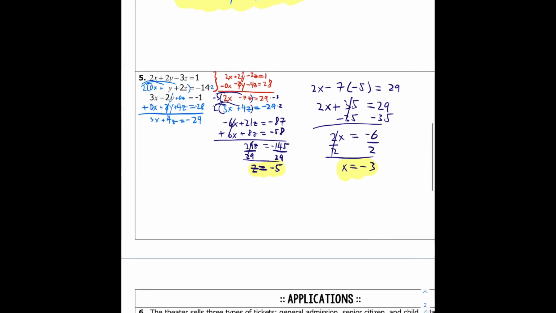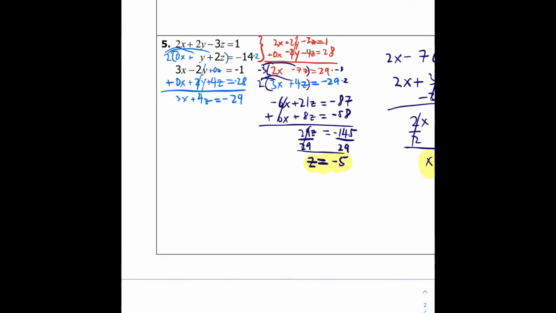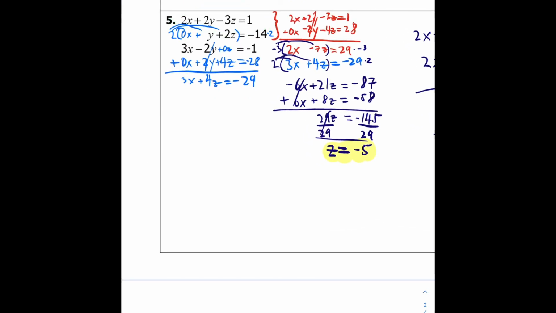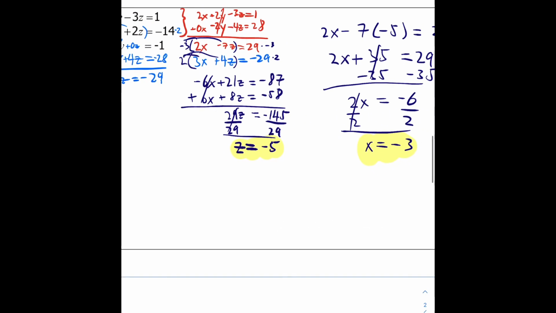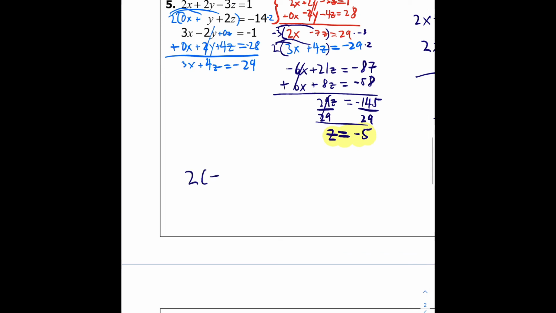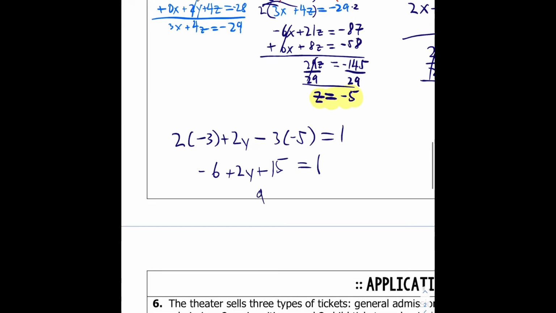Okay, then I can just take my z and my x and plug them into one of these equations over here. That'll give me an equation for y. So let's just use the top one here. I have 2 times x, that's my negative 3. So 2 times negative 3 plus 2y minus 3 times negative 5 equals 1. I have negative 6 plus 2y plus 15 equals 1, or 9 plus 2y equals 1.